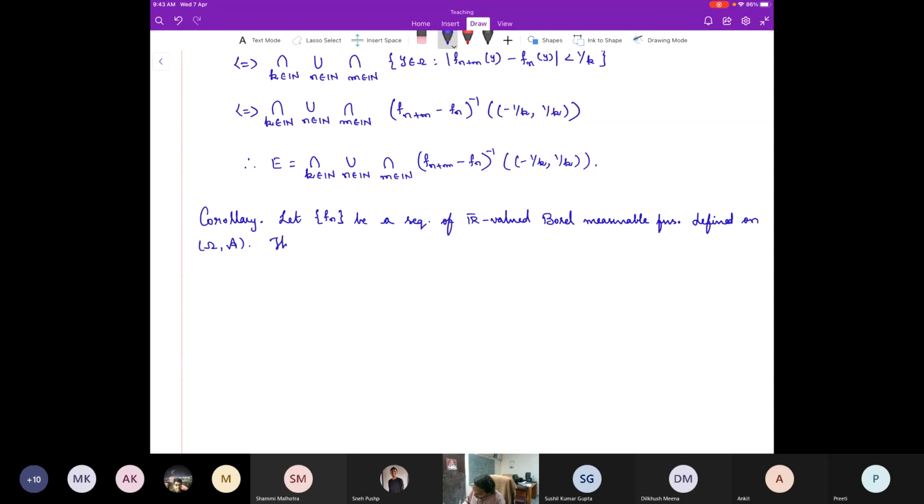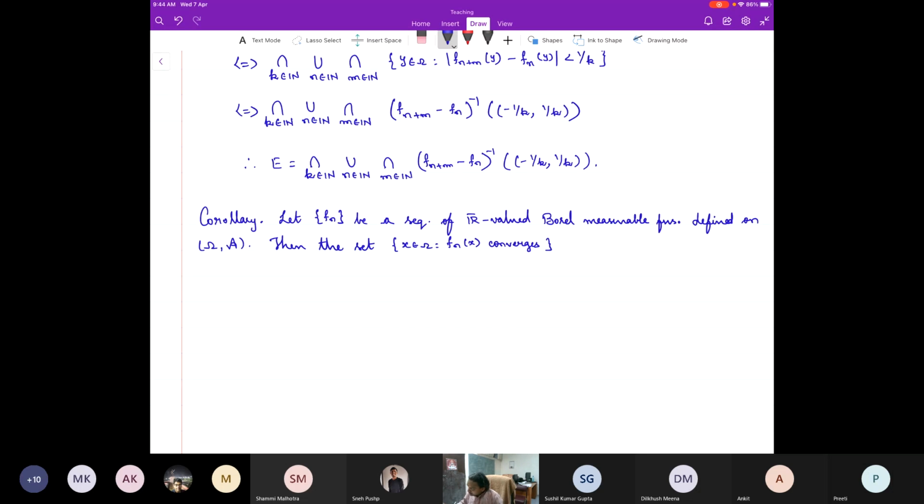Then the set of all those x in omega such that fn(x) converges, that is the set of convergence. See, one thing is that this minus 1 by k to 1 by k is an interval and therefore it is Borel measurable.